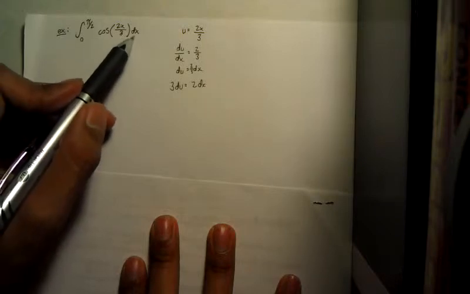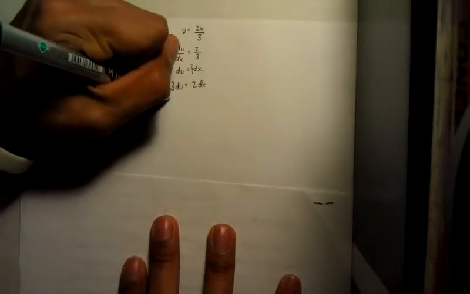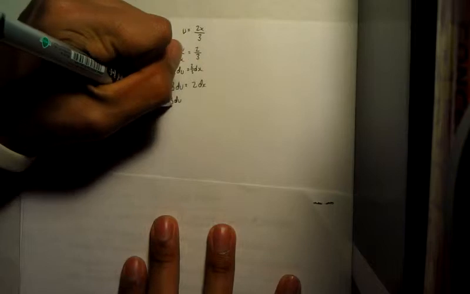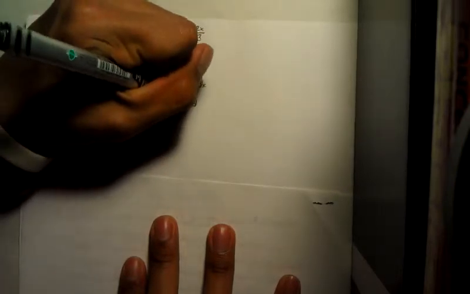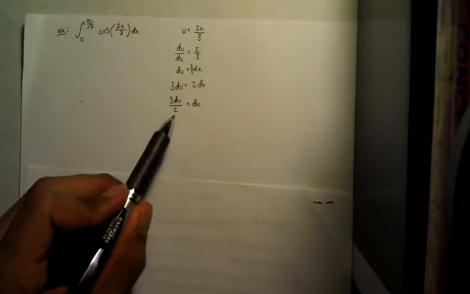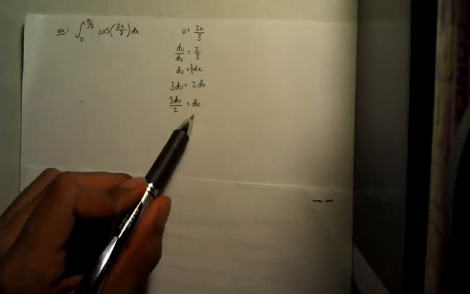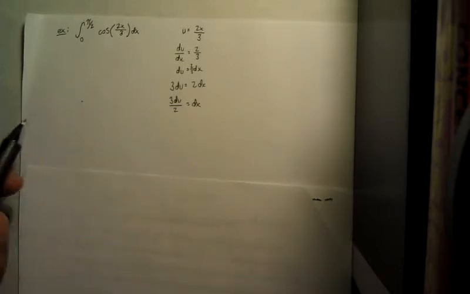All we want on this side is just dx, so we're going to have to divide by 2. So here's our u substitution.